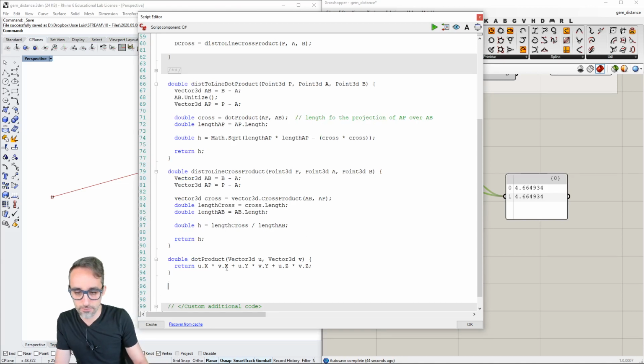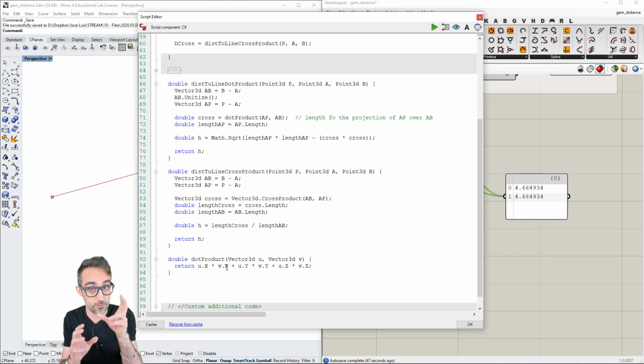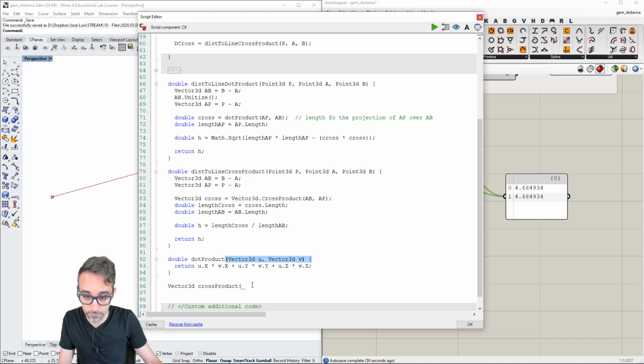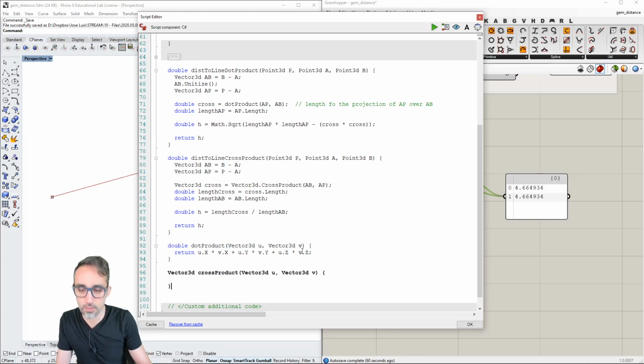So first, remember the result of the cross product is a vector object. So I'm going to create a function that returns a Vector3D, and I'm going to call this cross product. And this is going to take two vectors as inputs.